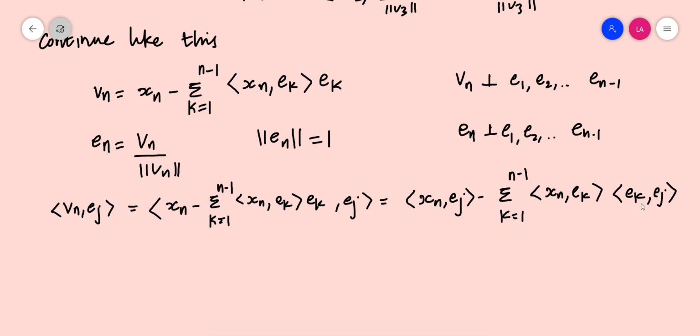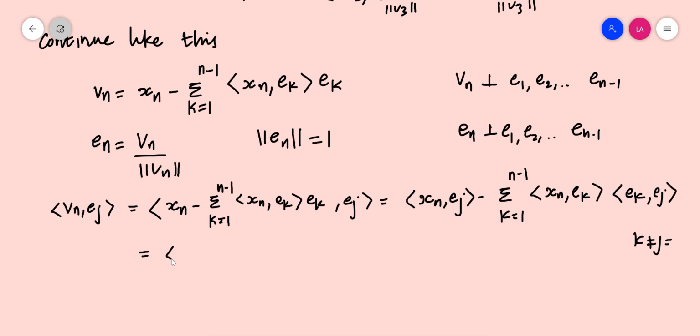Now this inner product ek ej, by previous construction, are pairwise orthogonal, and all have norm 1. So when k not equal to j, this inner product ek ej is equal to 0. When k is equal to j, this becomes inner product ej ej, which is 1. So the corresponding term becomes inner product xn ej. All other terms become 0.